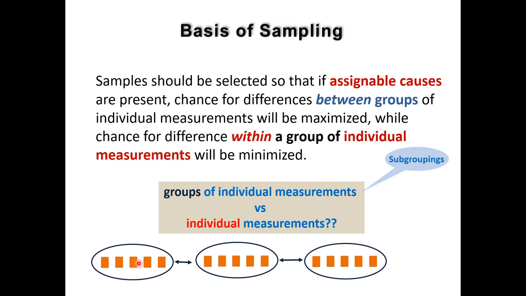So you have individual observations within one group. Any difference of these individual measurements within a group should be minimized, and the difference between groups should be maximized. Only by doing this can you identify the presence of assignable causes in case it is present.